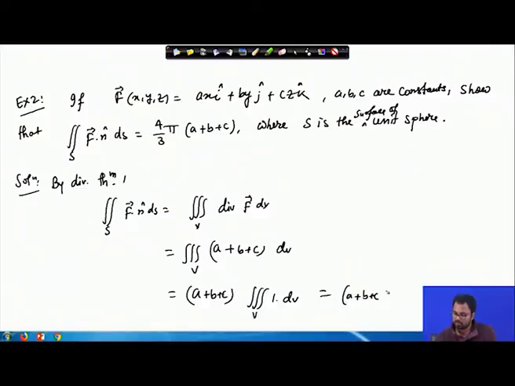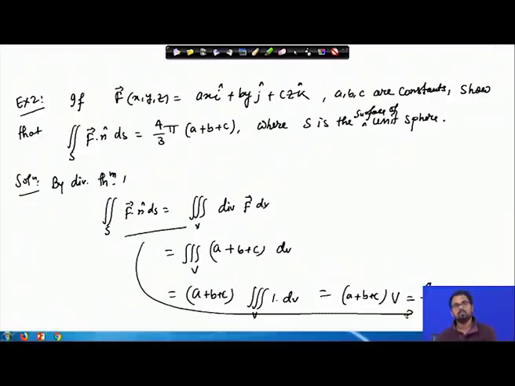So, we will get basically the volume V, but the volume V is the volume of that unit sphere, which in this case would be 4 by 3 pi r cube, where r is 1. So, this is basically 4 by 3 pi (a plus b plus c). You see, just a simple application of the divergence theorem has reduced our effort in such a nice manner.